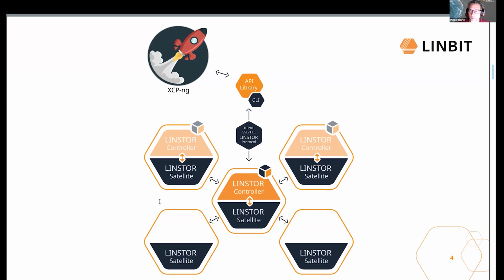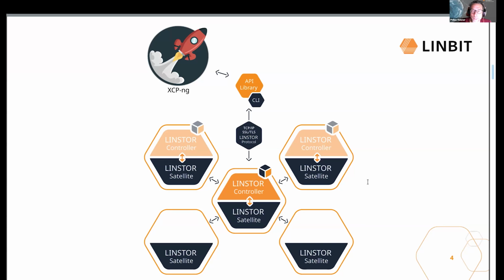So we need a control structure to create them, but then the data path is completely independent of this control structure. That means a failover doesn't affect I/O in a running virtual machine at all. It would even be possible to upgrade LINSTOR itself while VMs do I/O to the virtual volumes.